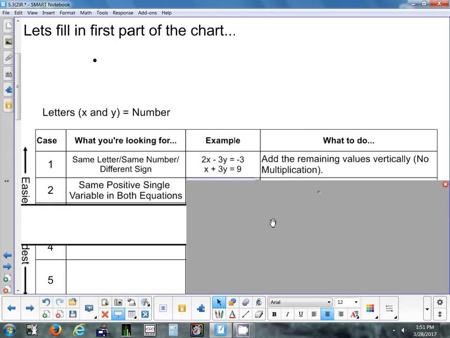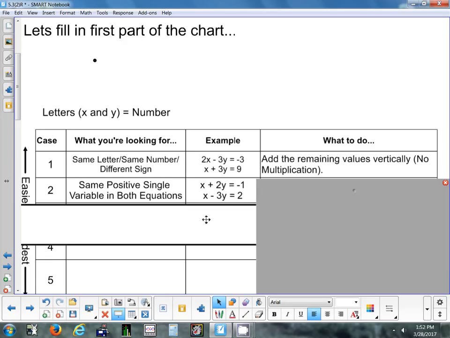So you may have positive x and positive x, or positive y and positive y, in both equations. They're both going to be single variables, or with the number 1 attached even though it's not written there, and they're both going to be positive.